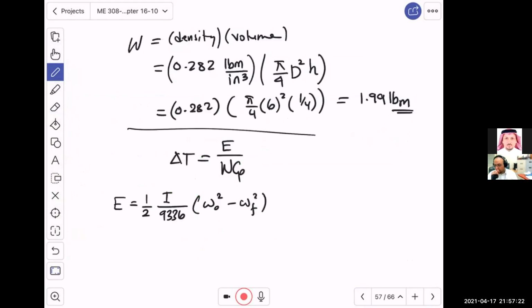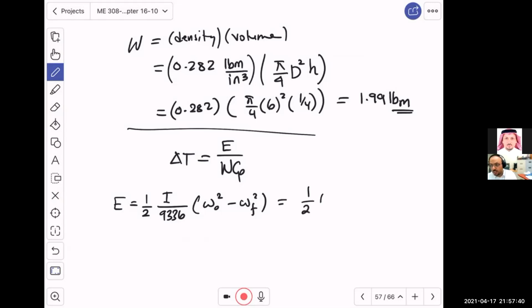These are the initial and the final angular velocities. Now, what do we have here? We have this as 1 over 2.